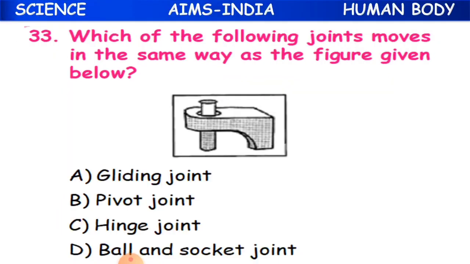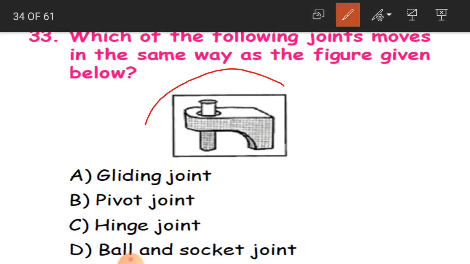Clear? Now the 33rd question. Which of the following joints moves in the same way as the figure given below? So this is the picture, children. We have some joints which move in the same way as shown in the picture.